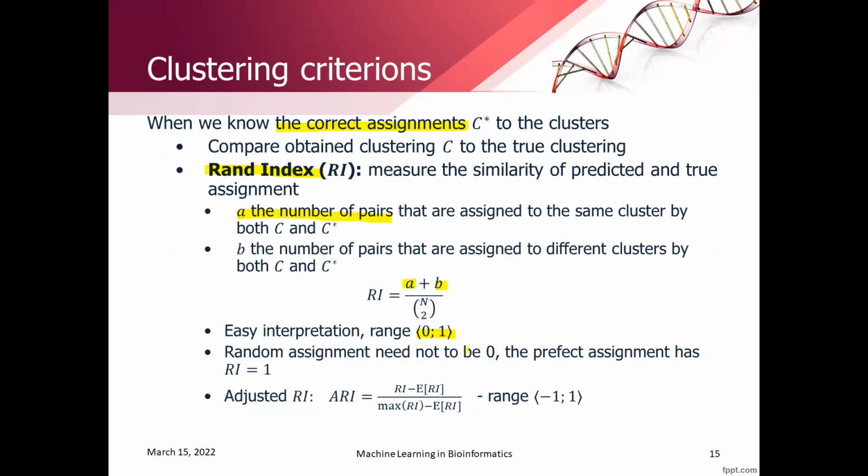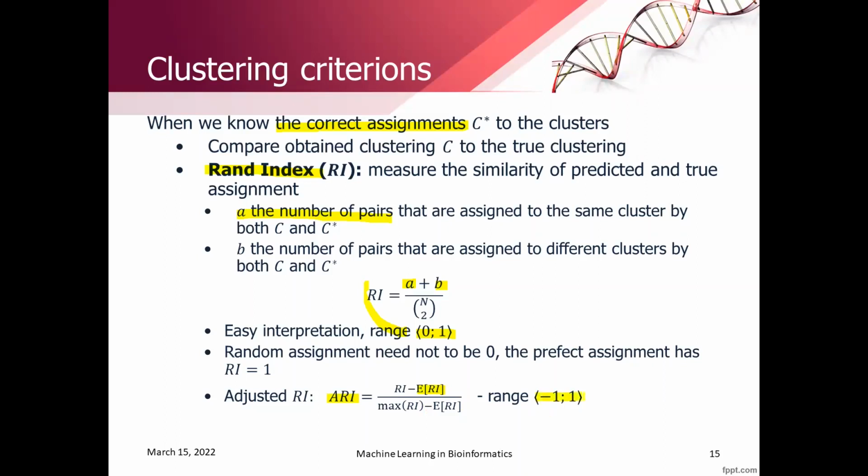In order to fight the problem that random clustering does not have rand index 0, the so-called adjusted rand index was designed, denoted here as RIA, which is rand index computed from the formula above, minus the expected value for rand index, and divided by the maximum possible value of rand index minus the expected value.